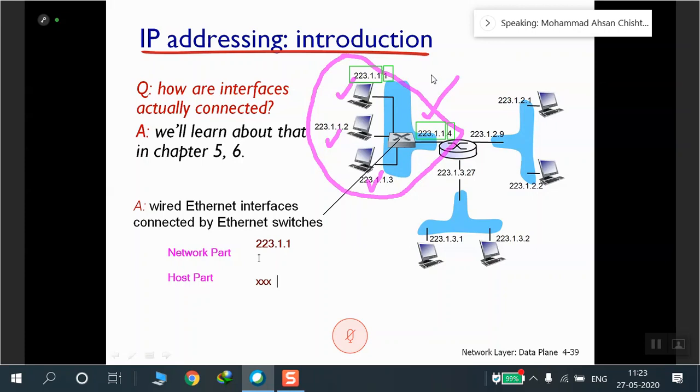The 8 bits I've mentioned here are the host part, and the 24 bits are the network part. This 8 bit is also known as the interface part of the address. Is this part clear? Everybody got it?